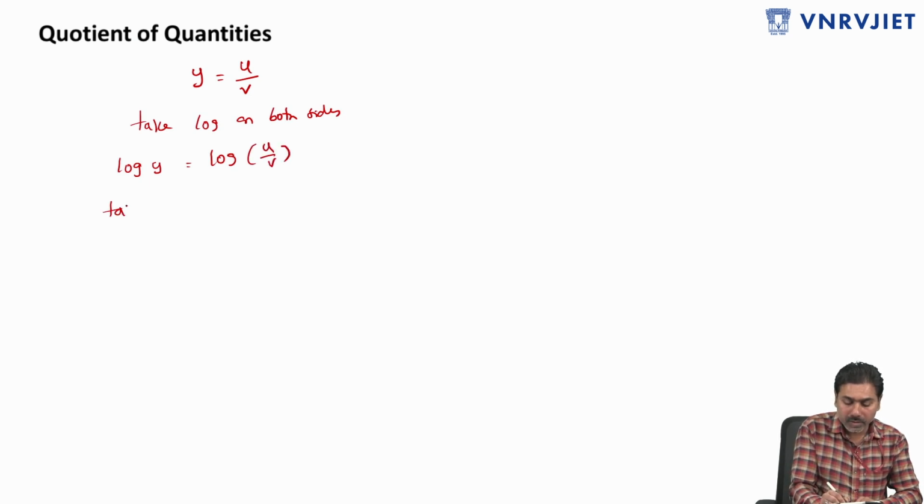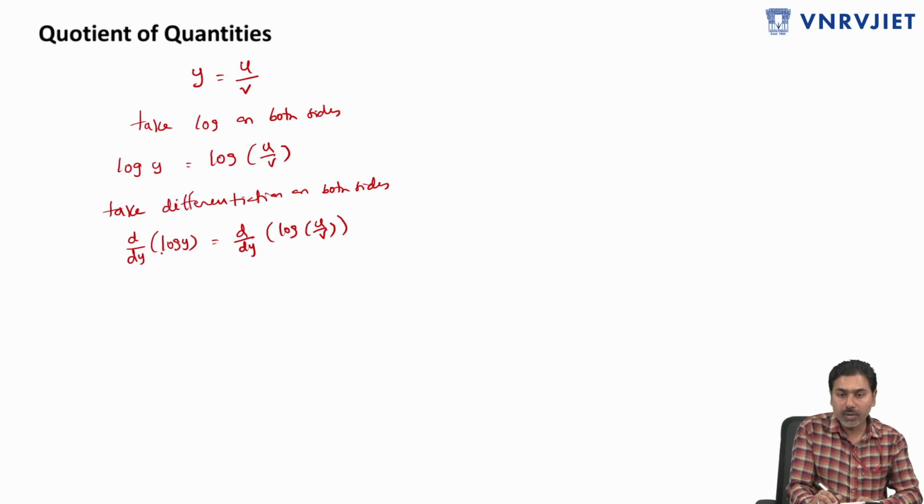Now take the differentiation on both sides. We'll get d by dy of log y is equal to d by dy of log of u by v.